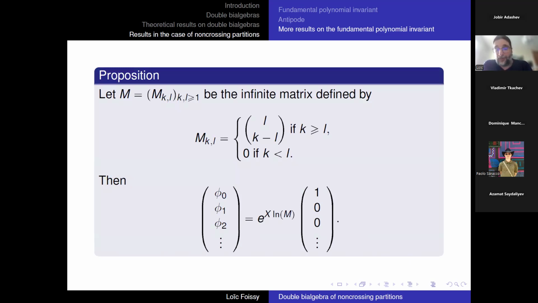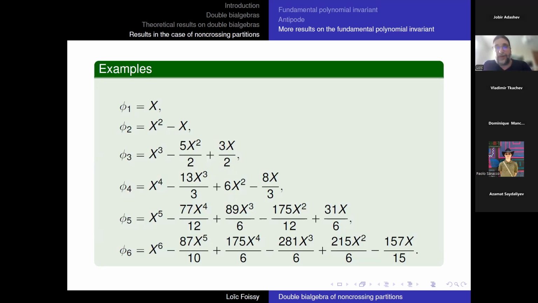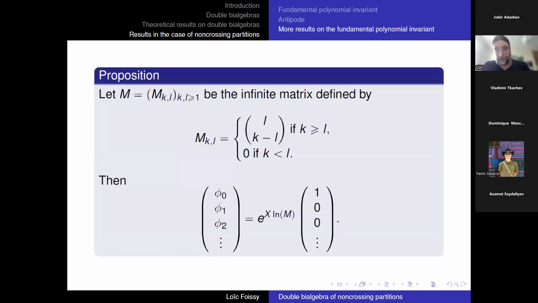There is a way to compute it. You can do it with the induction I gave before, but this is not really easy to do. There is another way, with an infinite matrix given by binomial coefficients. This gives you an infinite matrix M, which is triangular. So you can do some computations on powers of M. It's not a real problem.